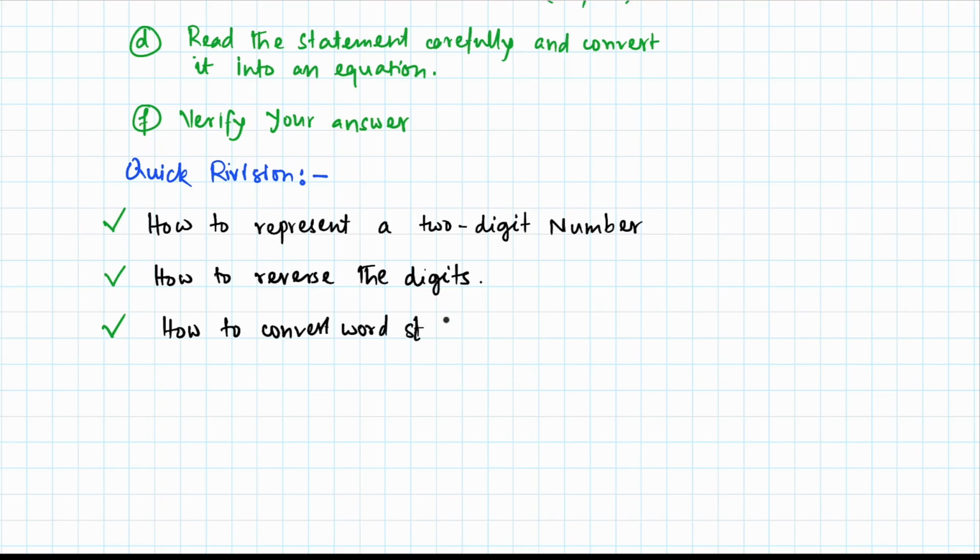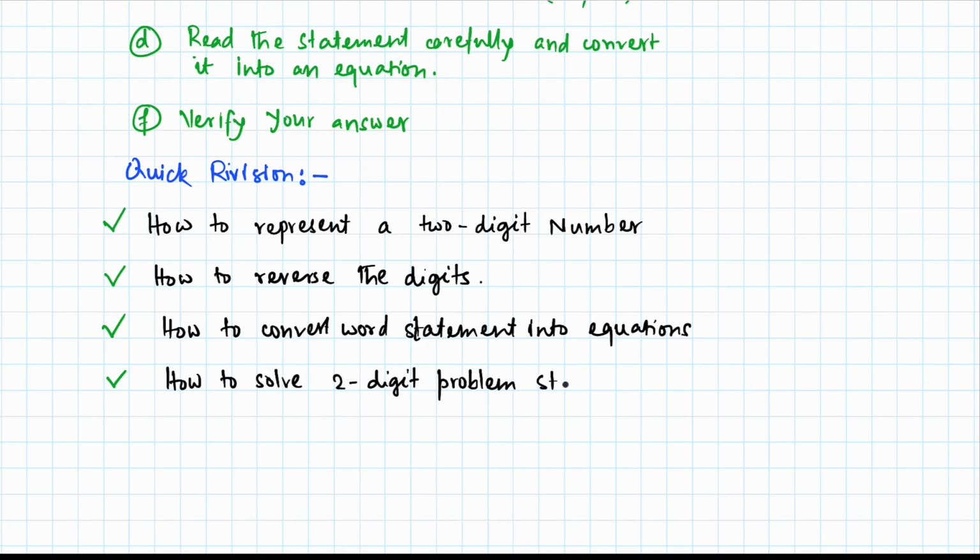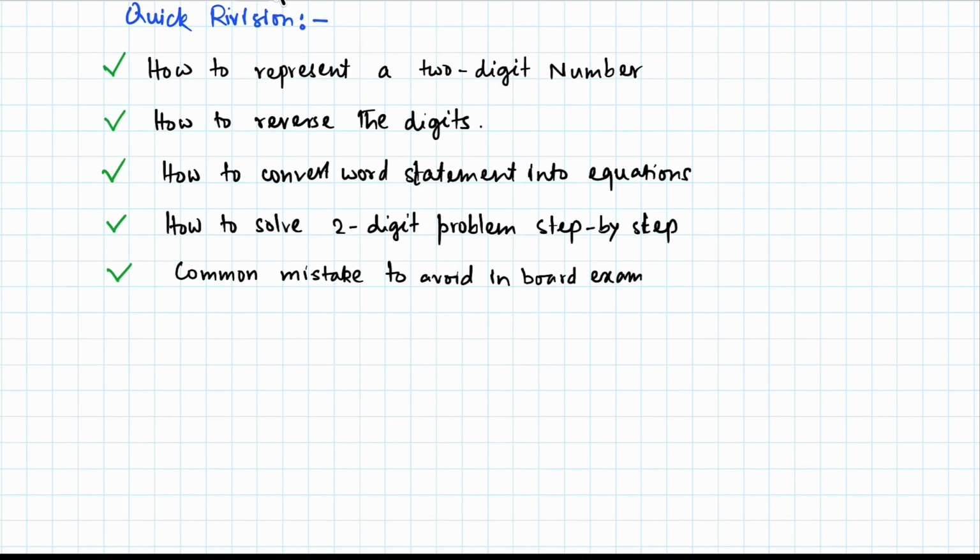Now how to convert the word statement into equations, and also you have to use the conditions to verify whether these statements are complete or not, and how to solve the 2-digit problems step by step. So these are some of the important things we have learned, and common mistakes also we have covered to avoid in the board exam. So I think you have liked this video.